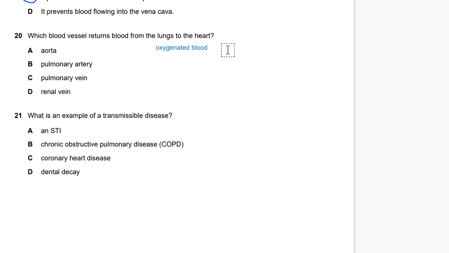However, usually the blood vessels that carry oxygenated blood are the arteries. However, letter B is not the correct answer, not also the aorta, not also the renal vein. The renal vein is found in the kidneys, but of course we have the pulmonary vein. This is the only vein found in the body that contains oxygenated blood.